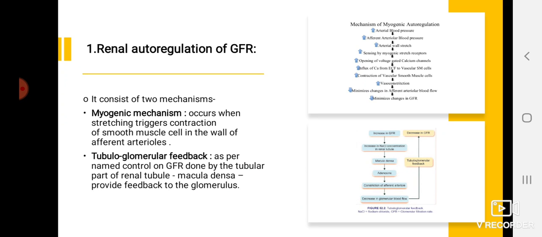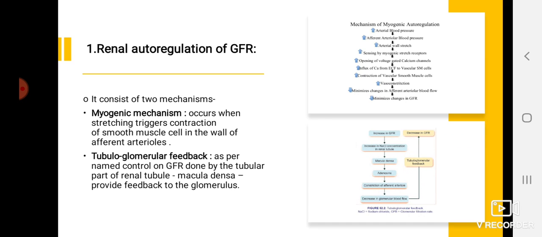Stretching triggers contraction of the smooth muscle cells in the wall of the afferent arteriole. So the myogenic mechanism occurs when there is stretching of the smooth muscle of the afferent arteriole.